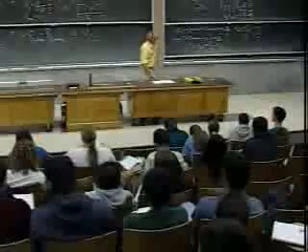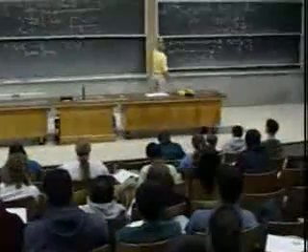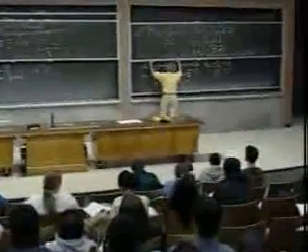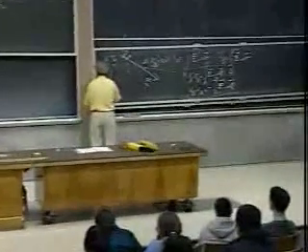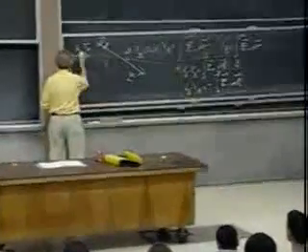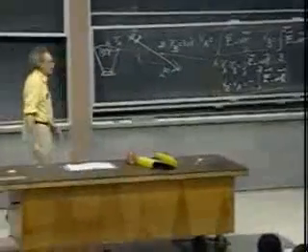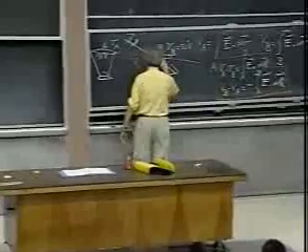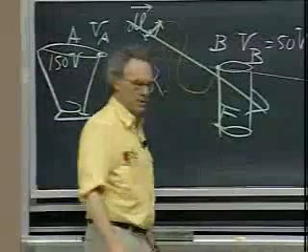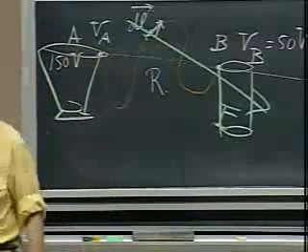So, I could, for instance, attach point A to a trash can, a metal trash can. So the whole trash can would be at 150 volts, and I could make point B part of my soda can, which is also made of metal.